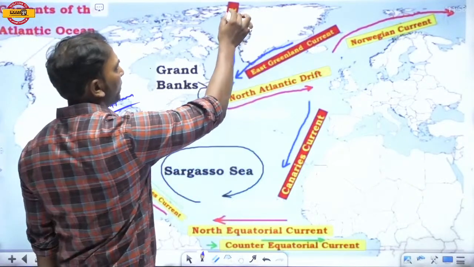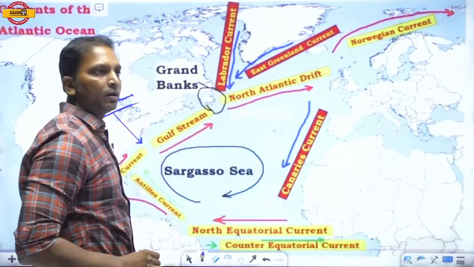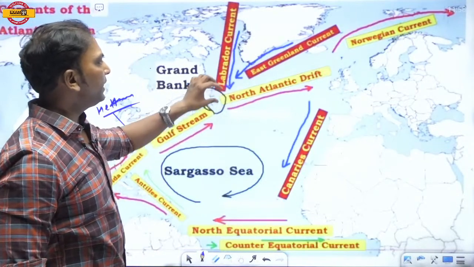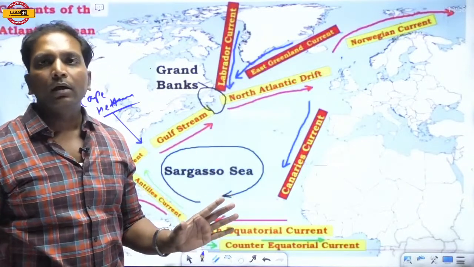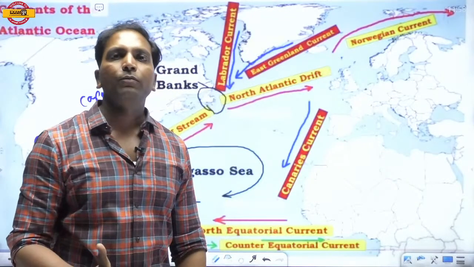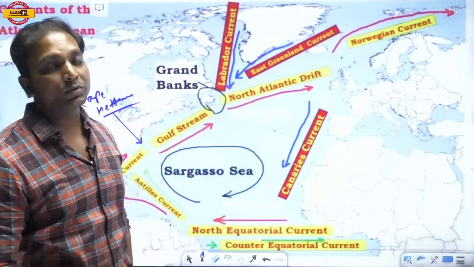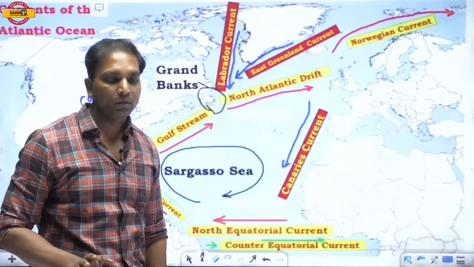Now you see the Labrador current is this part and the Gulf Stream is coming this way. Because of these warm and cold currents, which I will explain later, advection fog is generated, and plenty of phytoplankton will generate. There is a maximum production of fish, and you can see the maximum fisheries are happening there.